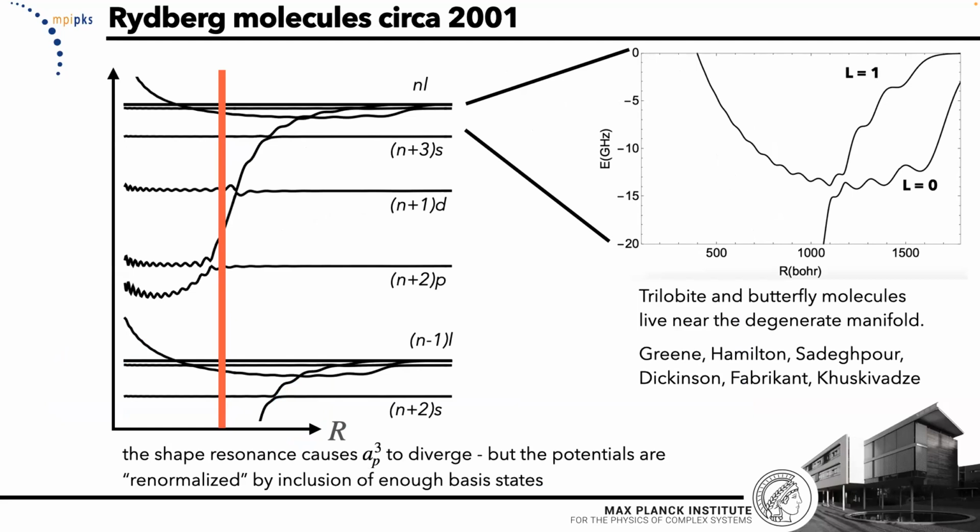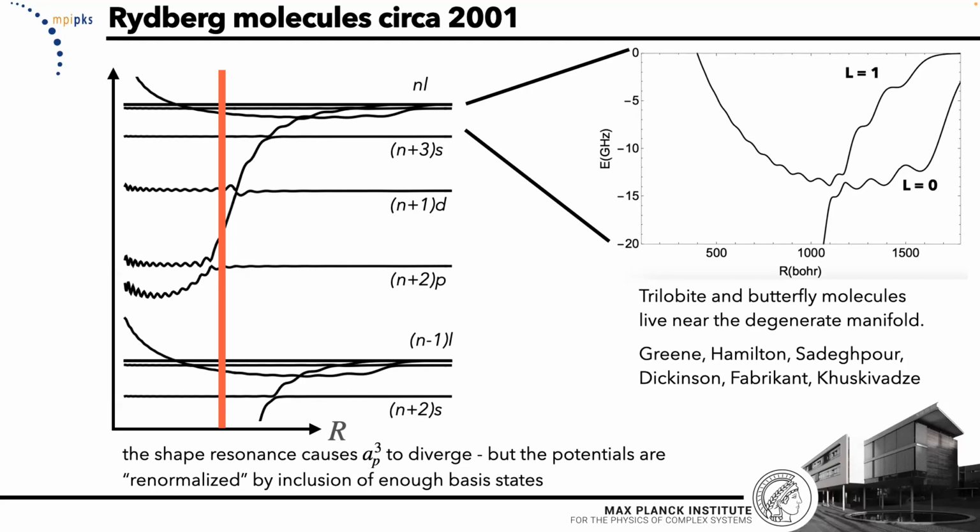Basically, here this scattering volume in the Fermi and Omont pseudopotentials diverges, which causes these potential curves to really start to shoot down from the degenerate manifold. And due to level repulsion, as we try and constrain this within a basis of electronic states, it flattens out and hopefully gives stable potential wells. And up here near this degenerate manifold, that's where these Rydberg molecules really live, these trilobites and butterflies.